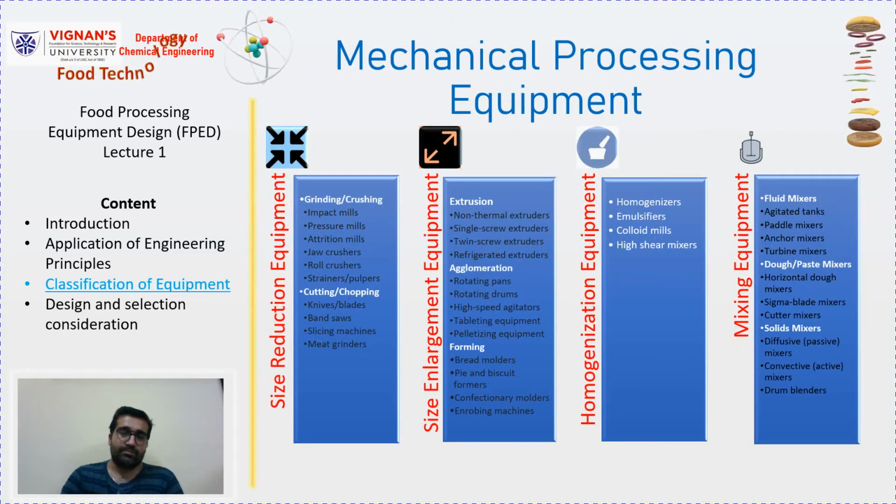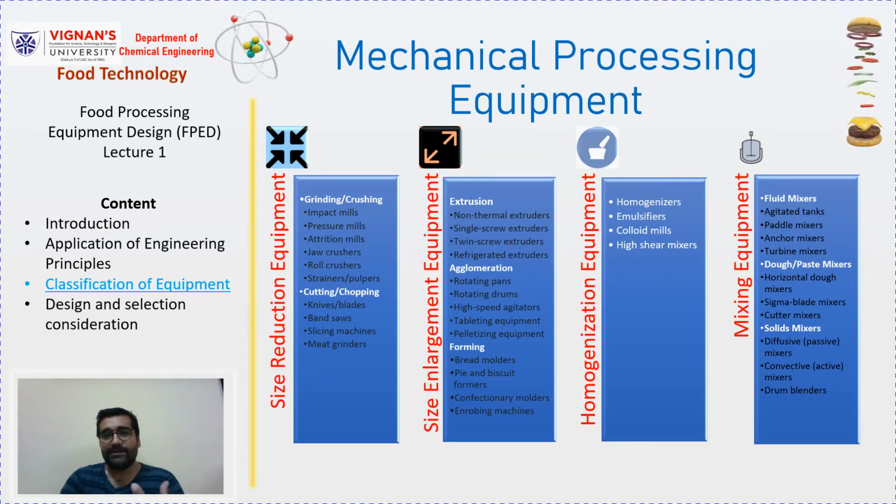So next come the mechanical processing equipments. After preparatory equipments, we need mechanical equipments for making the raw product more feasible for further processing.